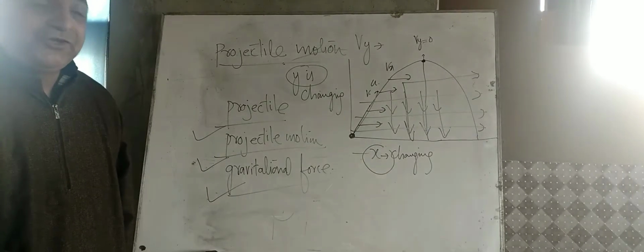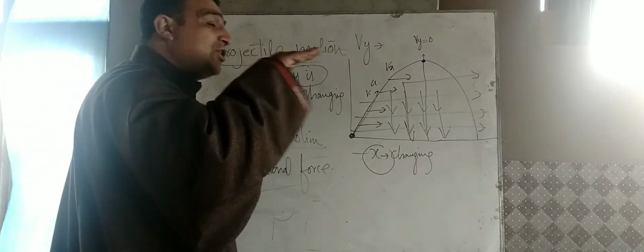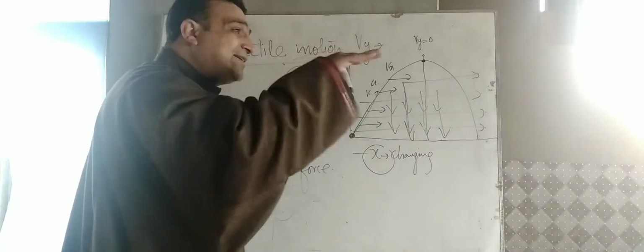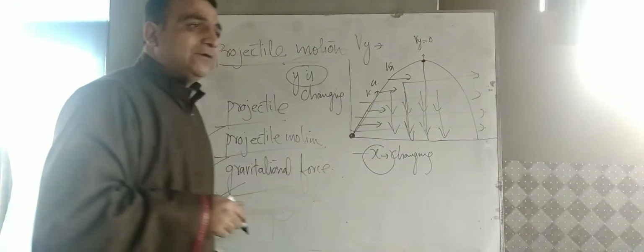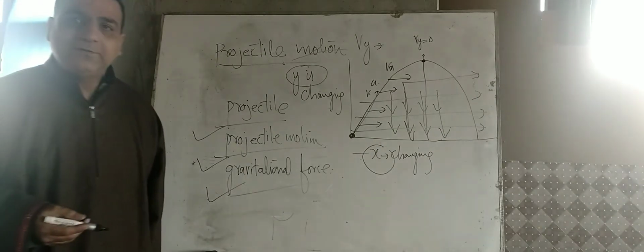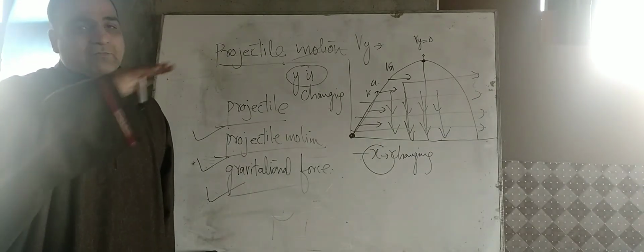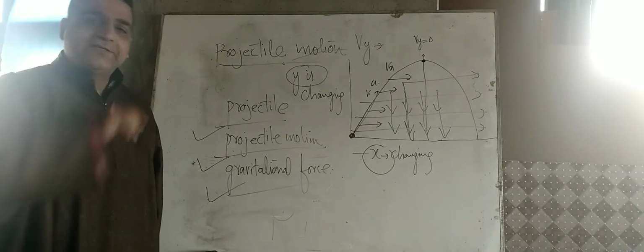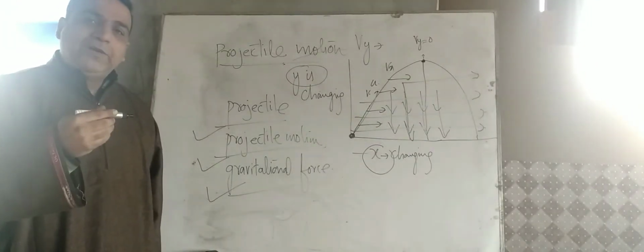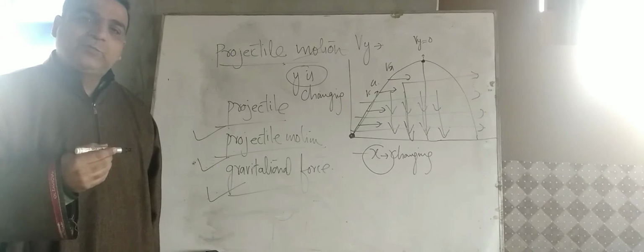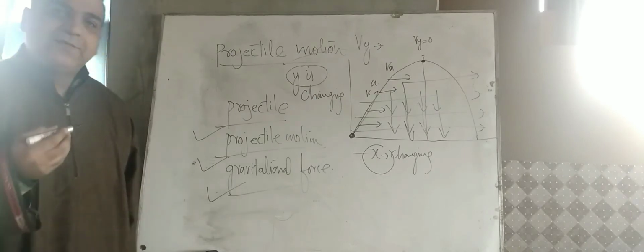It's not going to change because there is no acceleration along the horizontal. 0 itself is a constant. There is no acceleration along the x-axis. Therefore, the velocity component along the x-axis of this projectile is always a constant.